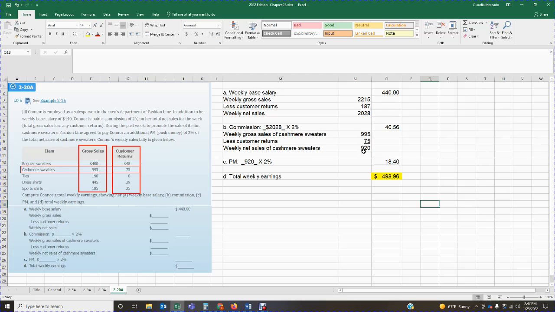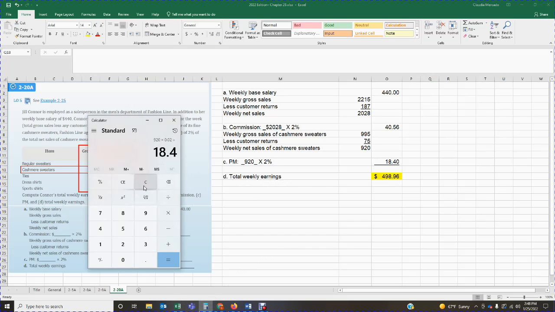Now that I know my weekly net sales of cashmere sweaters, I'm going to get my 920 and I'm going to multiply it by the 2%. Right here it says that the push money is 2% of the total net sales of cashmere sweaters. So I'm going to get my 920 times my 2%, and that's going to give me a commission of $18.40. So therefore, my total weekly earnings is $498.96.